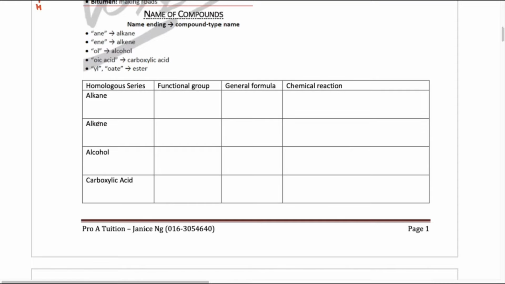Okay, let's go through the homologous series over here. So alkane, the functional group is C-H. The general formula is CnH2n+2.